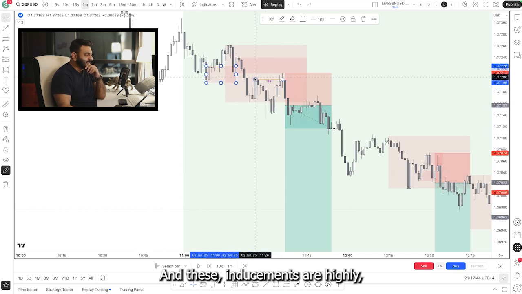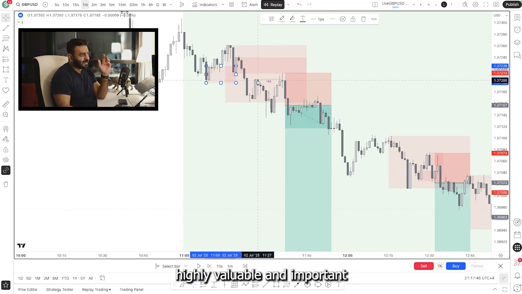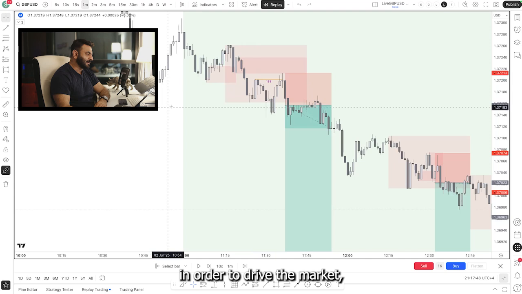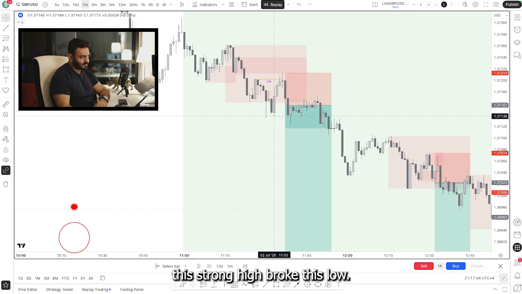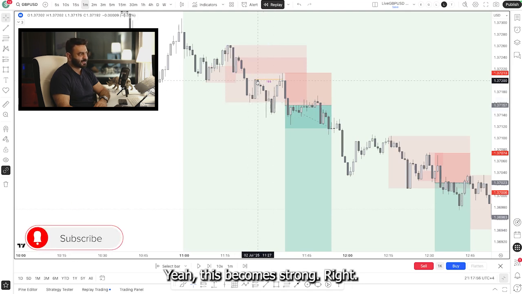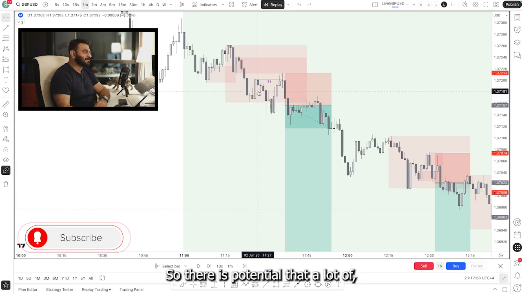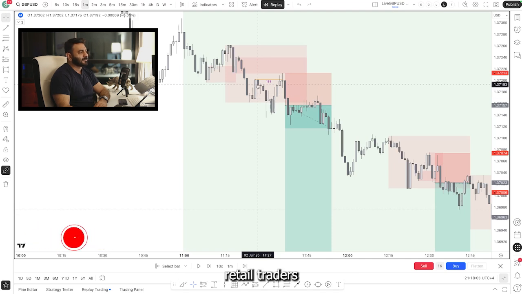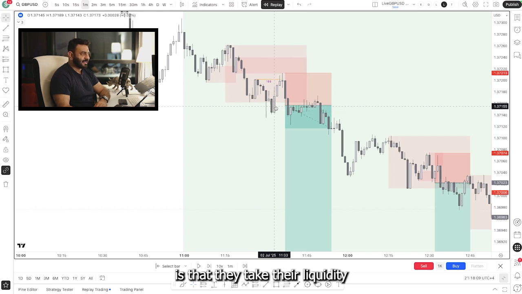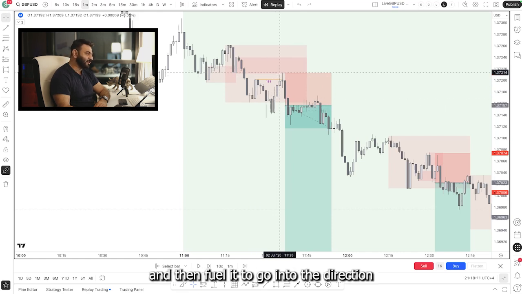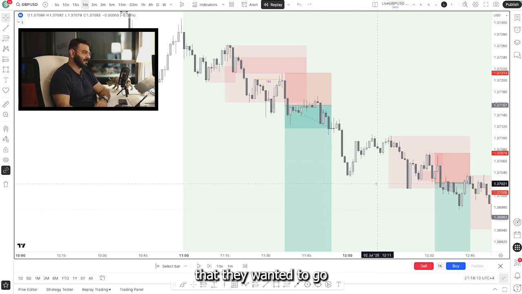And these inducements are highly valuable and important in order to drive the market, because when this strong high broke this low, this becomes strong, right? So there is potential that a lot of retail traders could place their limit orders at this point in time, right? And place their stop losses right above this. So what the banks do is they take that liquidity and fuel it to go into the direction that they want it to go.